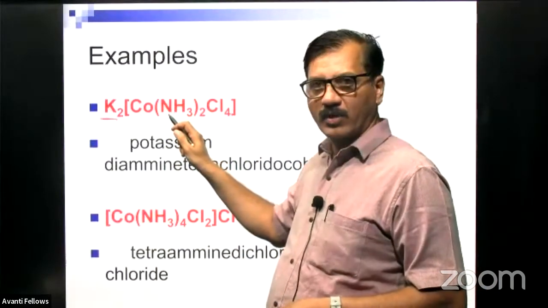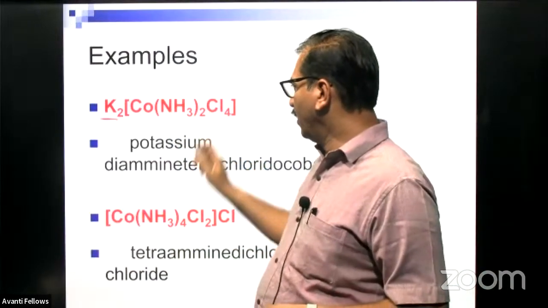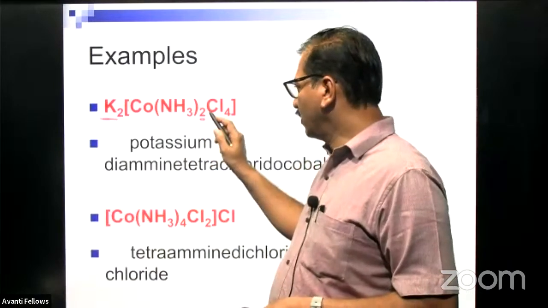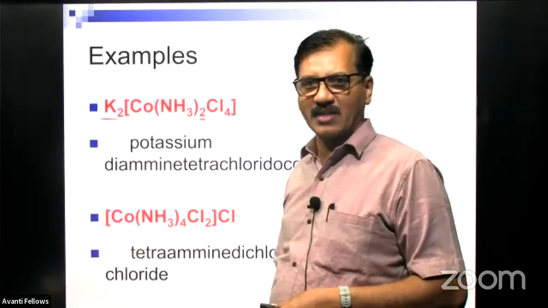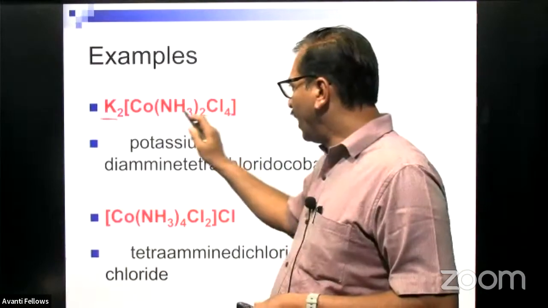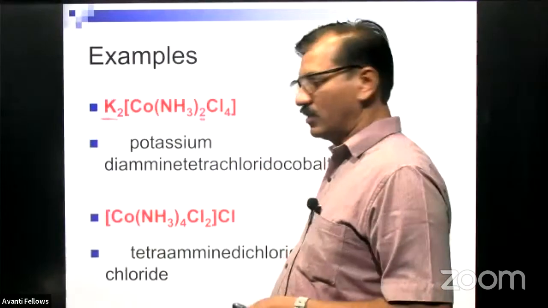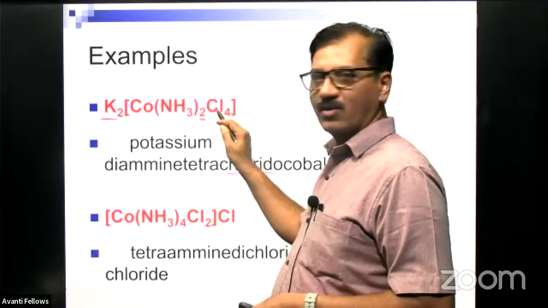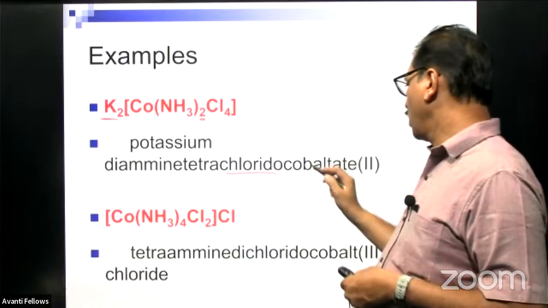Ammonia is spelled amine, with the prefix for the number of that ligand: diamine. Then tetrachlorido, for 4 chloride ions.